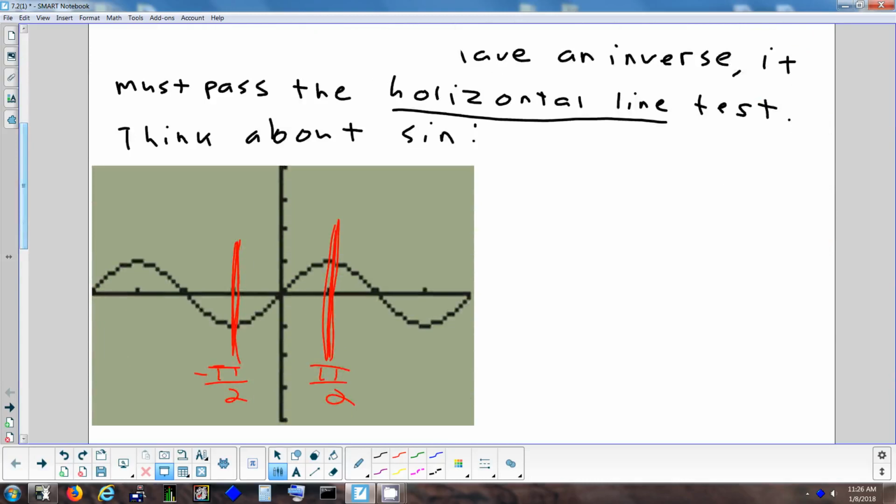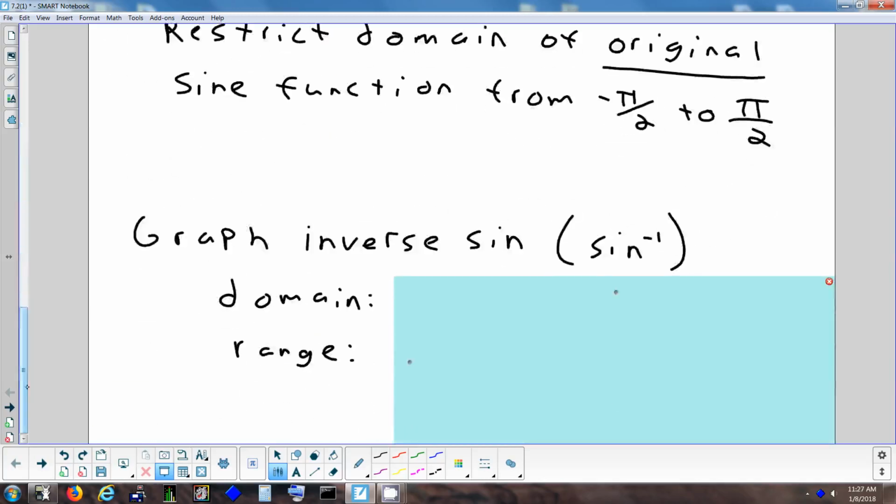That's the range of the original. What do you think that becomes in the inverse? That becomes the domain. So in the original, the range is -1 to 1. In the inverse, that's the domain.